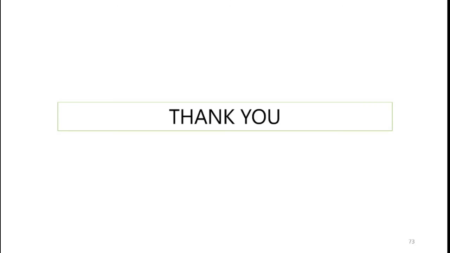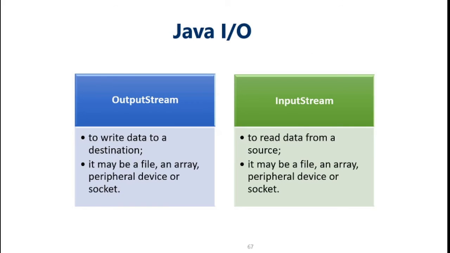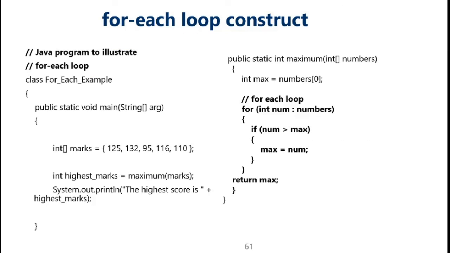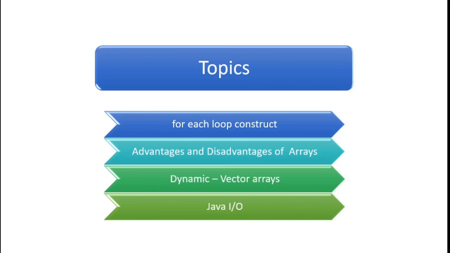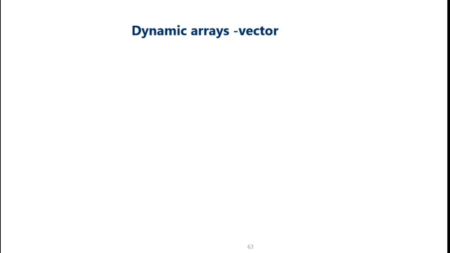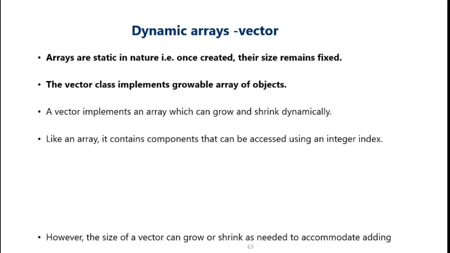So for today, what topics did we discuss? We discussed the for-each loop construct, and the advantages and limitations of arrays. Then vectors, that is dynamic arrays, which we studied introductorily.